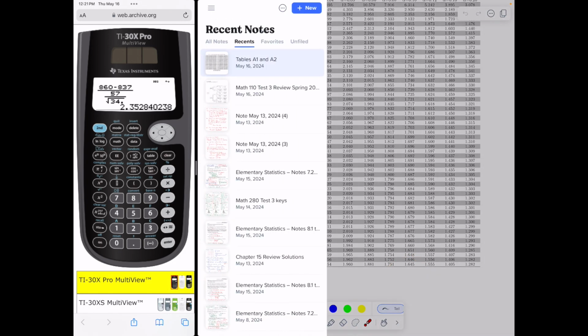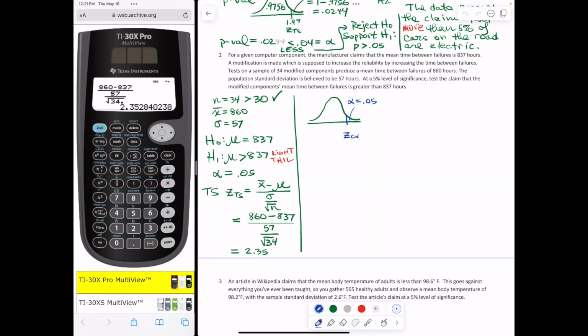And so I think I'll put that in here, 1.645. And then our test statistic is way up higher than that, so that's good news. We'll be able to support the alternative hypothesis. So that's our z test stat of 2.35. Okay, and so that's significant.